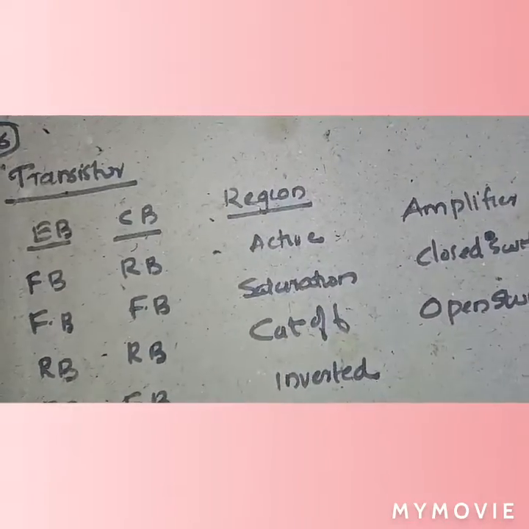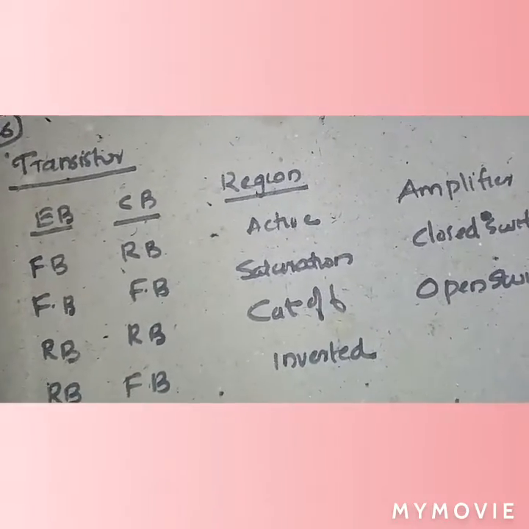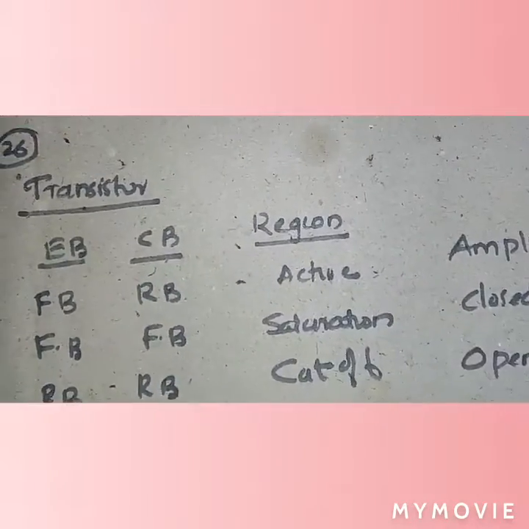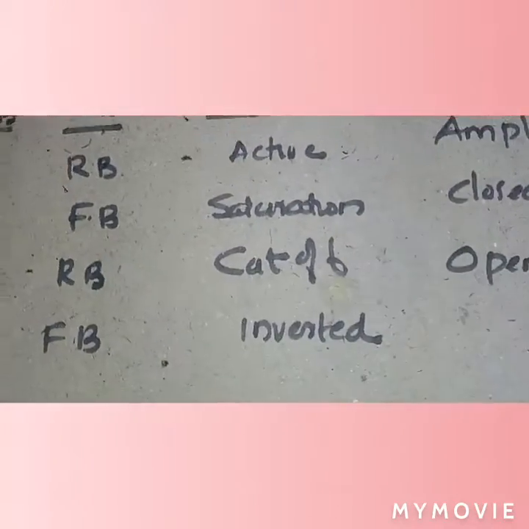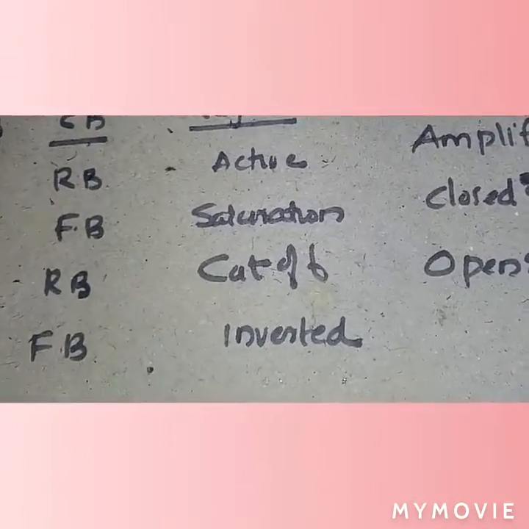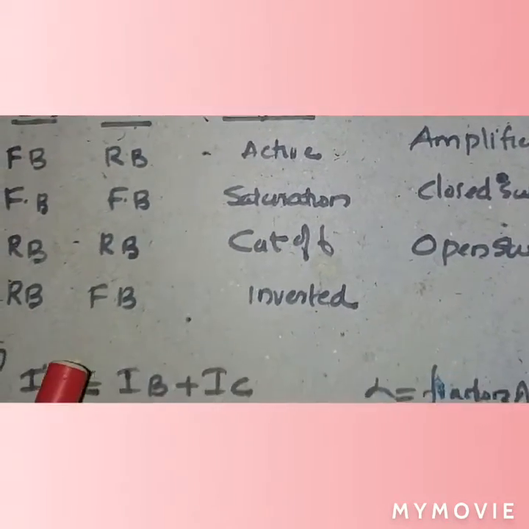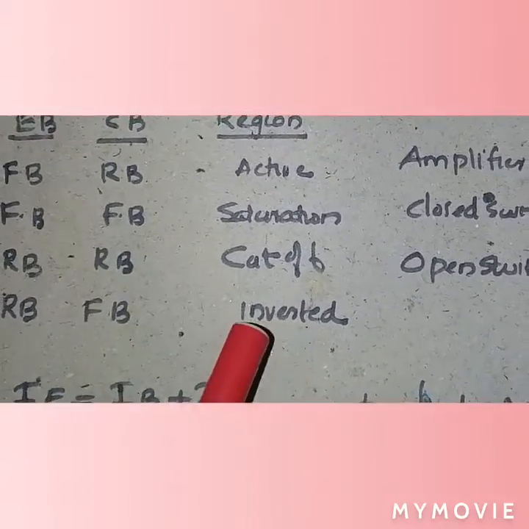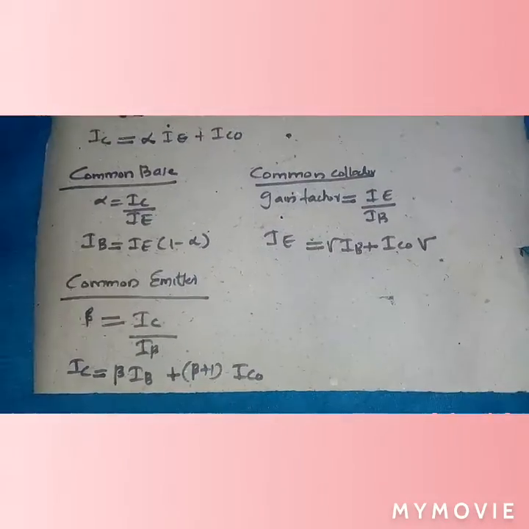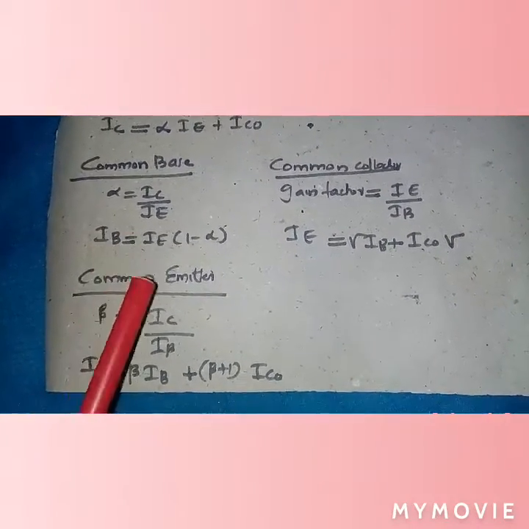When both junctions are forward biased, it is the saturation region, used as a closed switch. When both are reverse biased, it is the cutoff region, used as an open switch. When the emitter base junction is reverse biased and the collector base junction is forward biased, this is the inverted region.